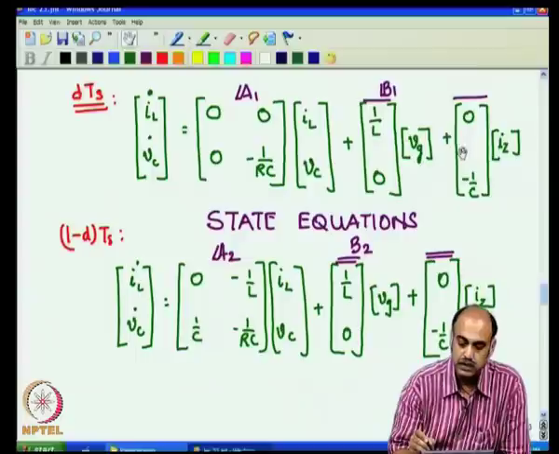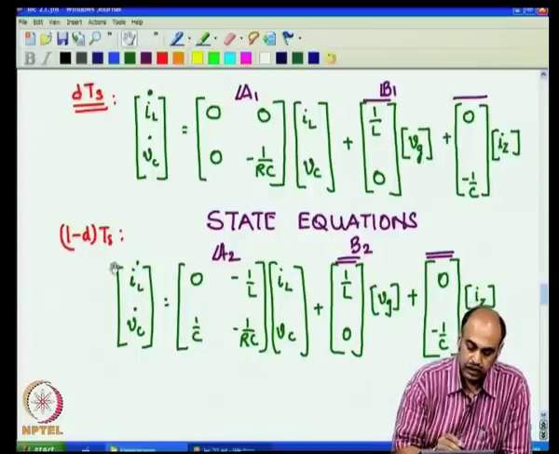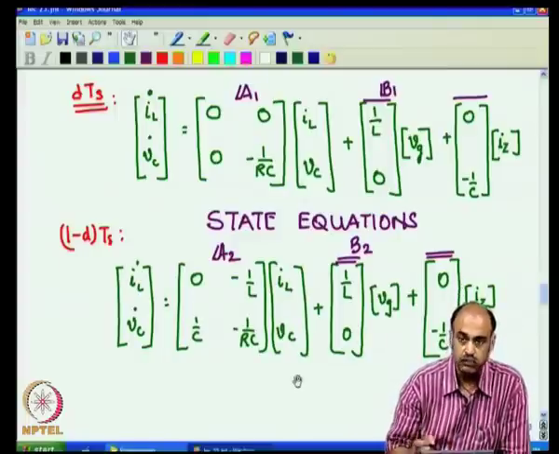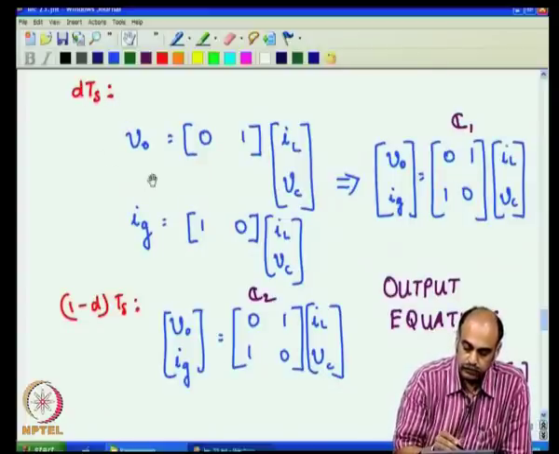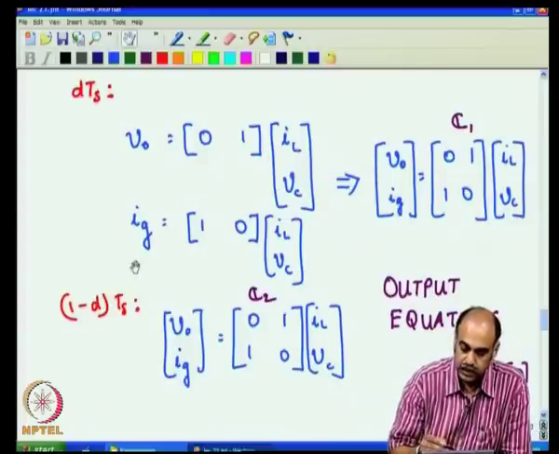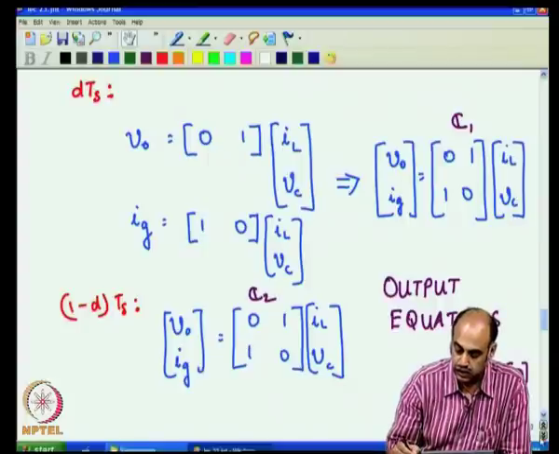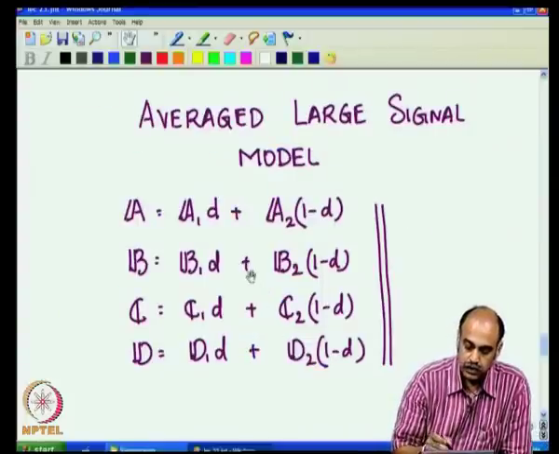This was the state equation that we developed, and during 1 minus DTS time this was the state equation that was developed. And then we started combining the equations to obtain the average large signal model.